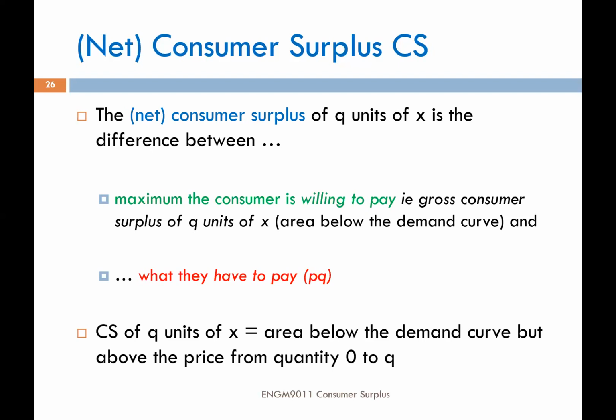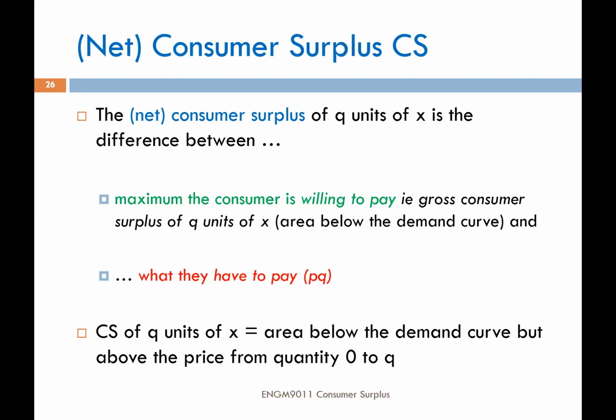So the net utility, we said, is the gross consumer surplus minus PQ. So it's the difference between the maximum you're willing to pay for the units, given by the area under the demand curve, minus what you actually have to pay for the Q units, which is P times Q. So that difference is the net consumer surplus. It's a measure of your net utility from consuming Q units of X.